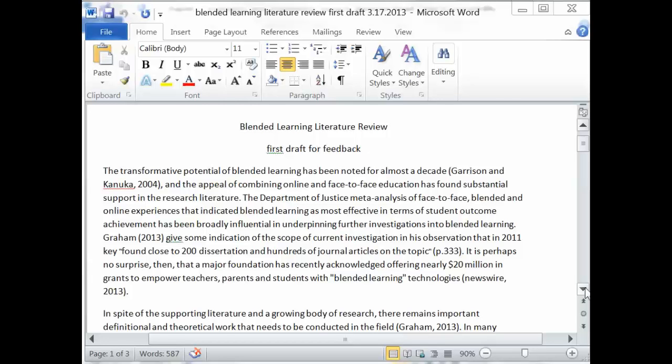So this is to capture the reader's attention and address the point that this is very significant. Blended learning is an important issue that needs to be investigated at this time, and this is the justification for the different areas that are going to be investigated here.